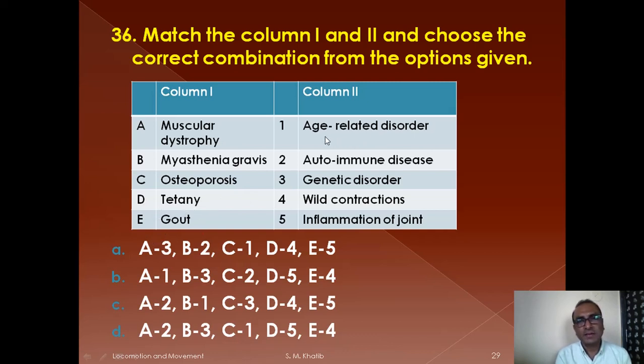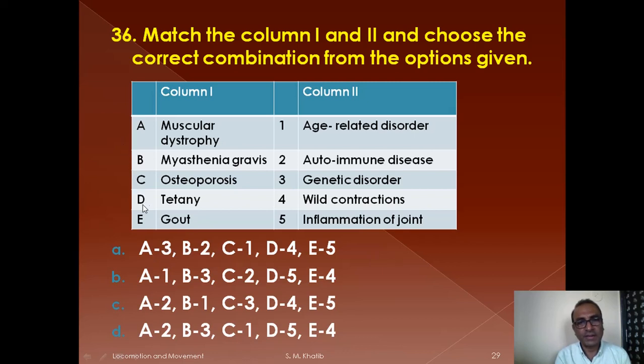And on the other side, 1, age related disorder; 2, autoimmune disease; 3, genetic disorder; 4, wild contractions; 5, inflammation of joints. So muscular dystrophy, as we know, is the genetic disorder, so A should be connected with 3. So quickly we can go to the right option, because here A only is showing connection with 3.